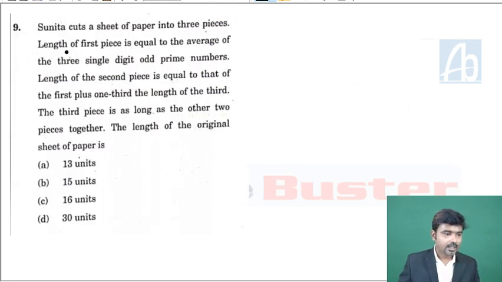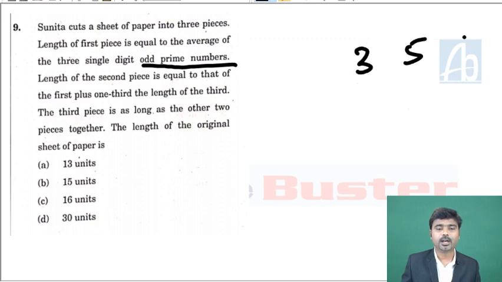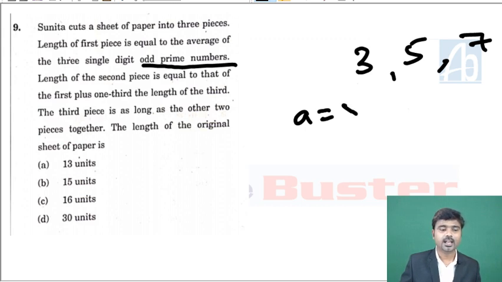Next one, it's given: Sunitha cuts a sheet of paper into 3 pieces. The length of the first piece is equal to the average of 3 single digit odd prime numbers. We know the single digit odd prime numbers are 3, 5 and 7, right? The average of these 3, that means if I take the first length as A, the average is 5.